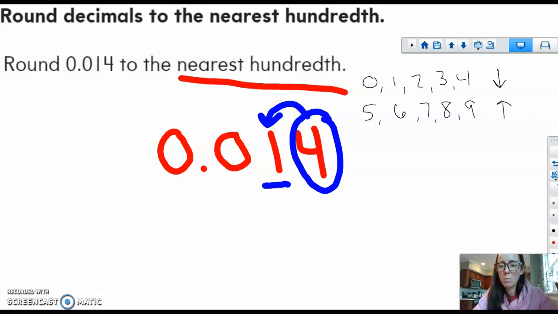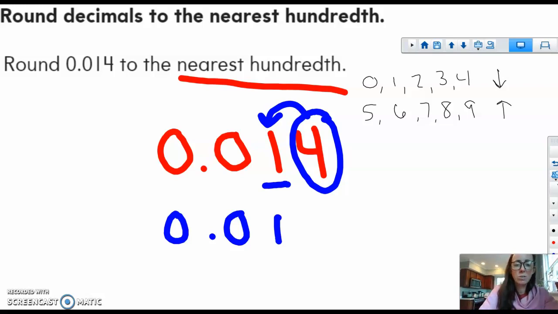If I look at my numbers, 4 tells me to round down. So this 1 is going to stay the same, and everything to the left of the number is also going to stay the same. In this case, I just have zeros, but I'm going to keep those exactly the same. So my answer, 14 thousandths rounded to the nearest hundredth, would be 1/100th.